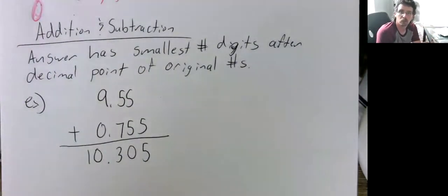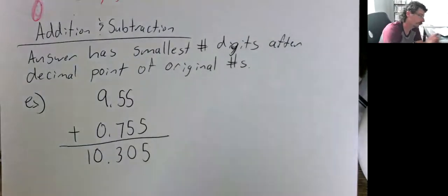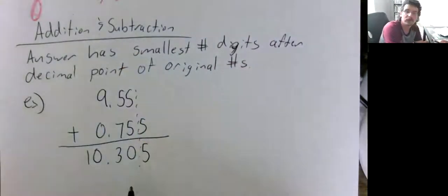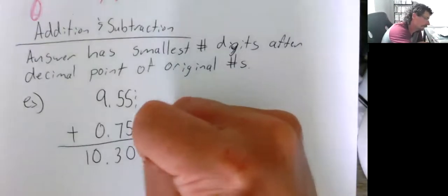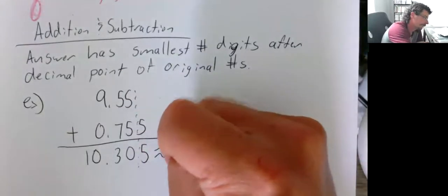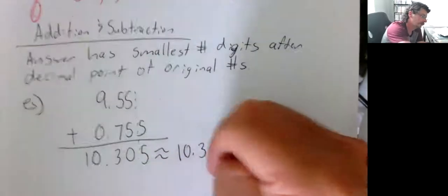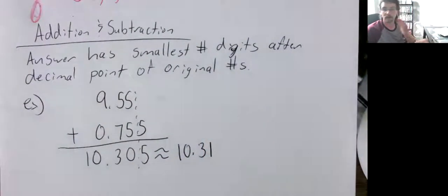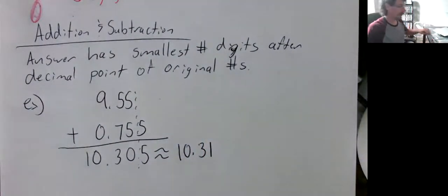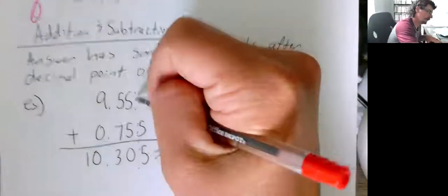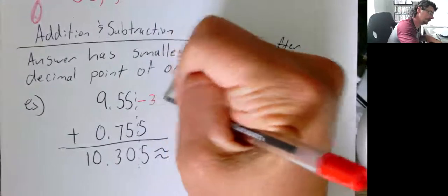Now, the rule says we have to go to the smallest number of digits after the decimal point. So if we keep track of that, this is the point at which we need to truncate. So let's approximate this value. We get 10.3, and remember, since there's a 5 next to it, we have to round it up to 10.31. Now let's consider the significant figures of each of these numbers. This first number has 3 sig figs.